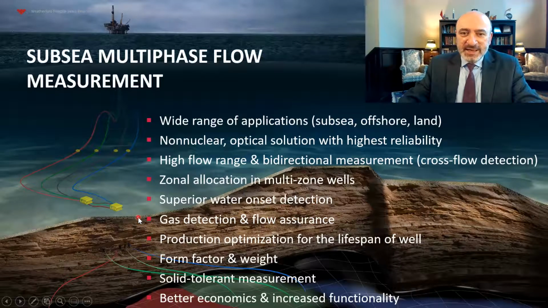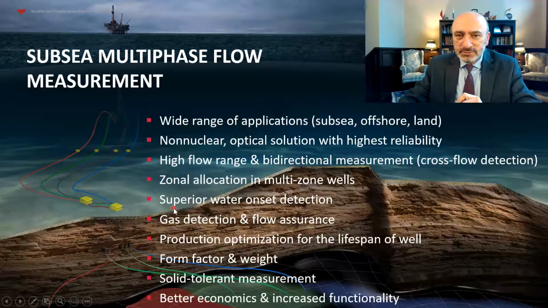In terms of gas, the optical flow meter in its measurement is also very sensitive to the presence of gas. Anytime a minuscule amount of gas is introduced to the flow stream, there is a dramatic decrease in the speed of sound measurement. So that actually tells us the presence of gas.